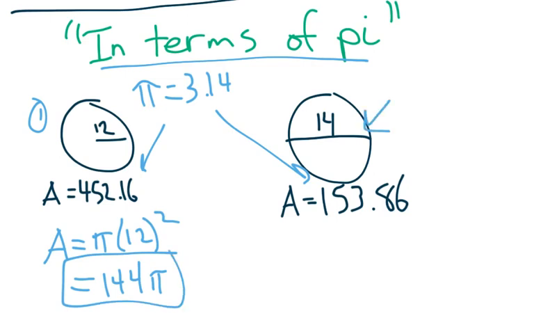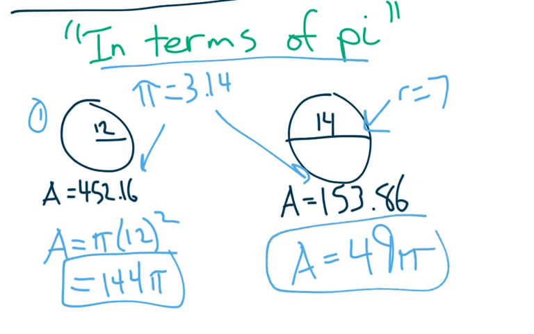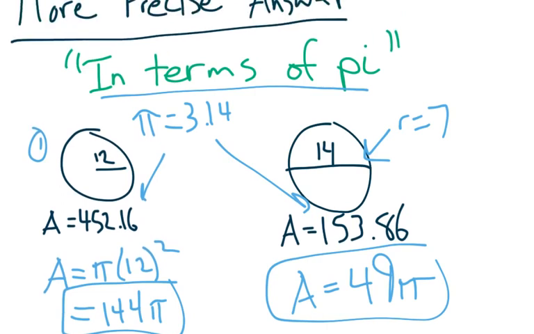Here, we realize that our radius was 7, and so we square that. The area could also be 49 pi. And what we've now done is leave our answer in terms of pi. It's a little more pleasing to the eye, but not as complete. It's not 144, it's 144 times pi, which is a much bigger number than 144. But if you're asked to put an answer in terms of pi, that's what it means. And it means you have to do less decimal arithmetic, essentially. So that's kind of neat.